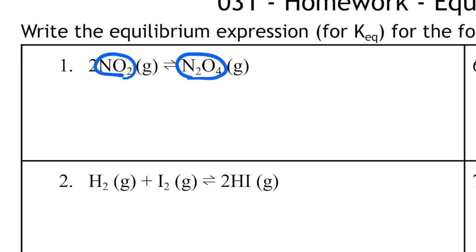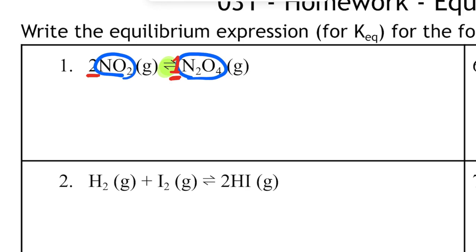Okay, so we only have 2 chemicals. I want you to underline the coefficients. If there's no coefficient, go ahead and write the invisible one that should be there. Okay, finally, go ahead and put the arrow with your third color.